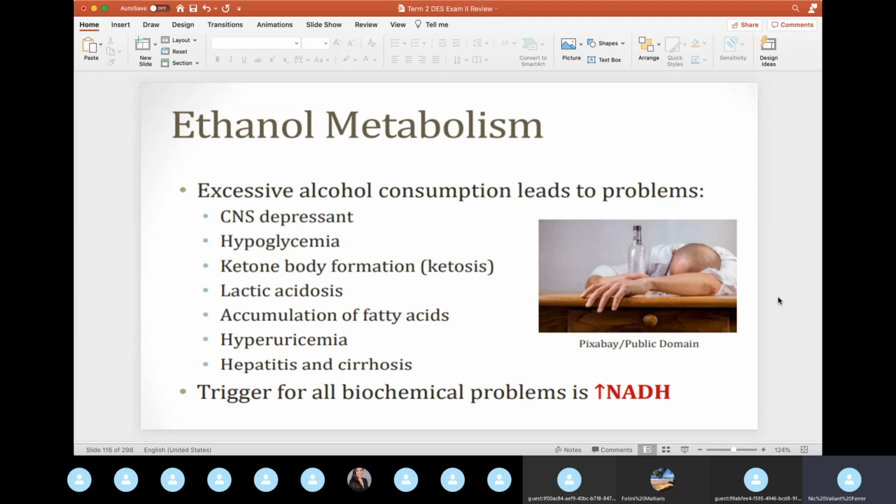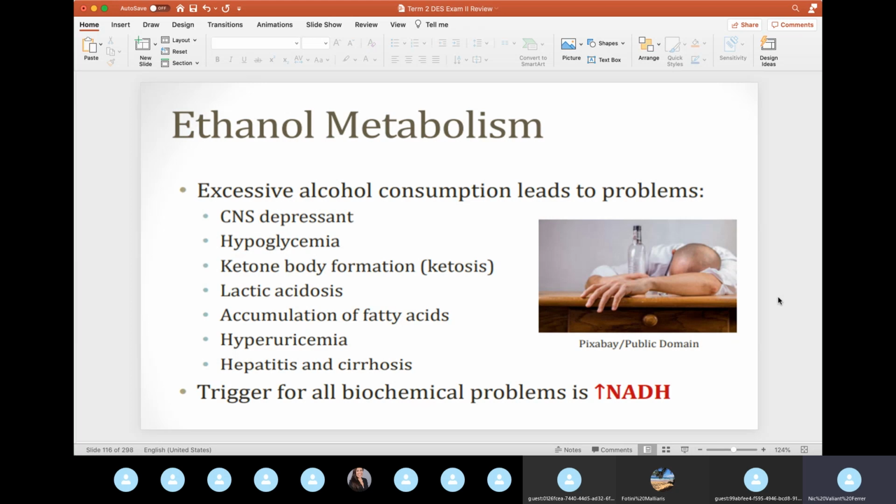I have increased acetyl-CoA, and the increased acetyl-CoA is going to go to ketone formation. Lactic acidosis. Why? Pyruvate cannot be used in the TCA cycle, so it is going to be metabolized by your lactate dehydrogenase, thereby producing lactic acid.